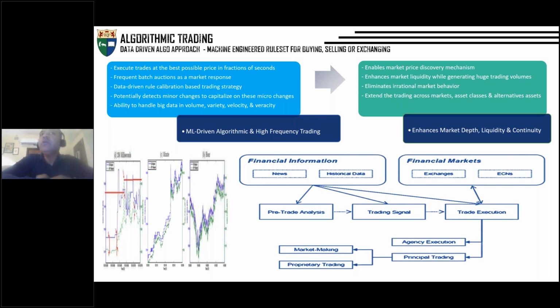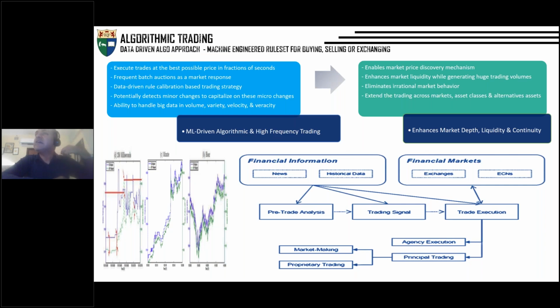Now we understand that algorithmic or high frequency trading applications could execute the trade in fractions of seconds. We also understand that they could be very fast and furious in conducting the auctions in the market, and they have a quite high market response time as well.